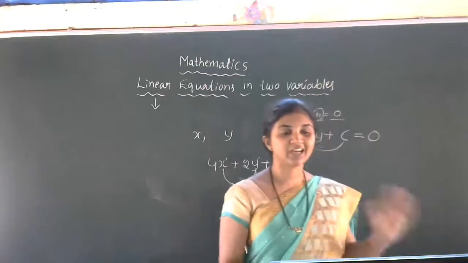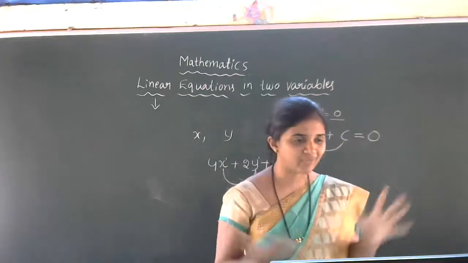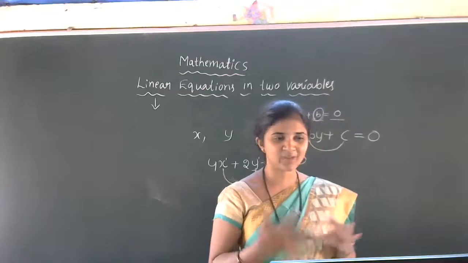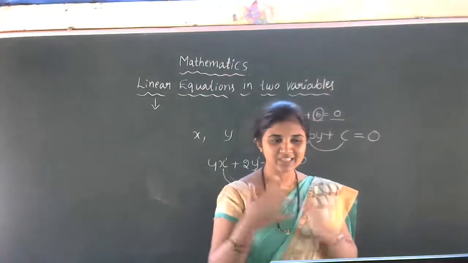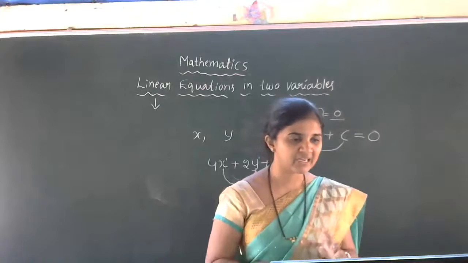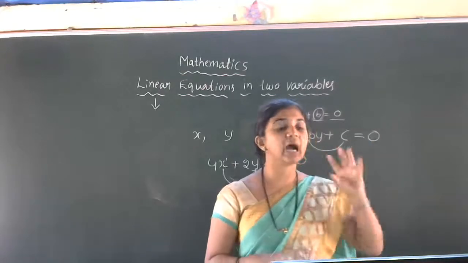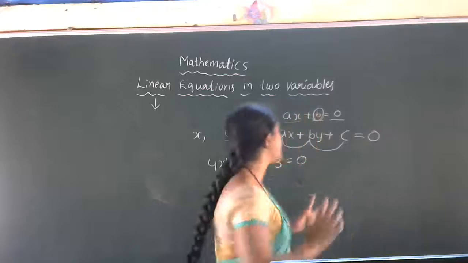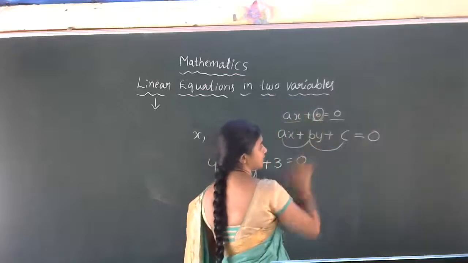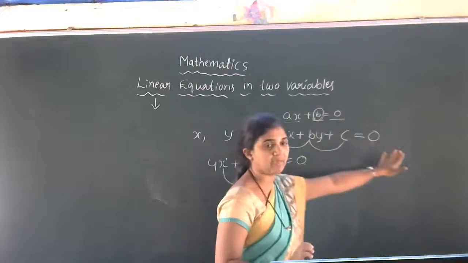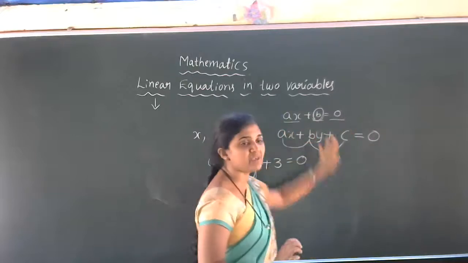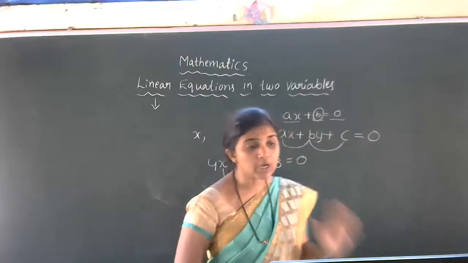Real numbers are a collection of all types of numbers, that is natural numbers, whole numbers, integers, rational numbers and irrational numbers. So all this is a group of real numbers. Okay, a, b, c are real numbers. x and y are variables. So the standard form of linear equations in two variables is ax + by + c = 0.